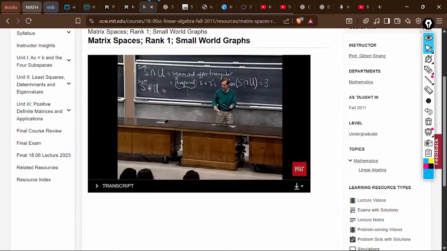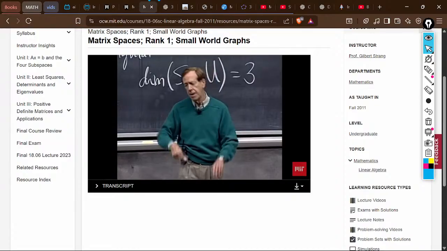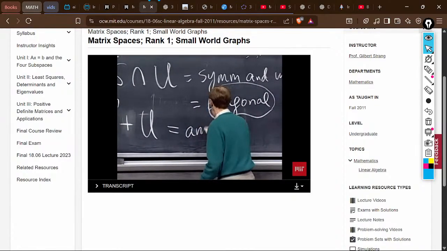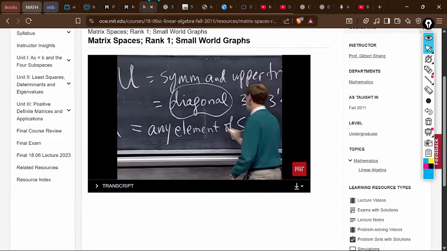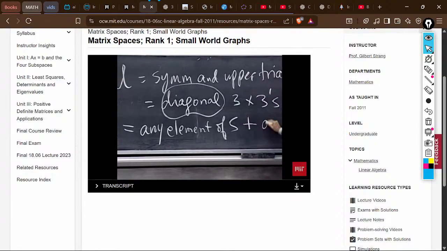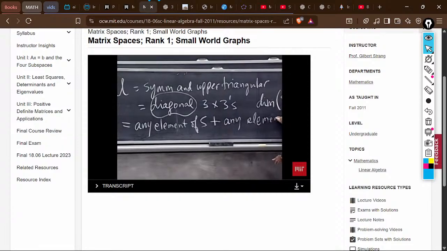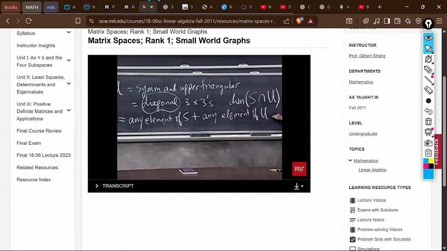I take anything in S plus anything in U. I don't just take things that are in S, and also separately things that are in U. This is the sum of any element of S, that is any symmetric matrix, plus any element of U.